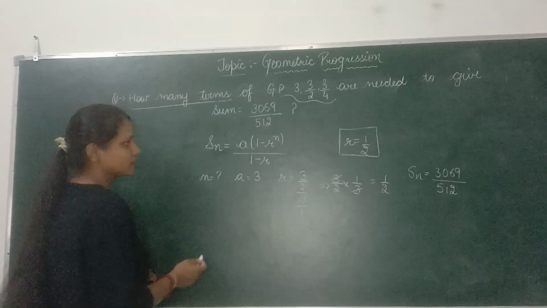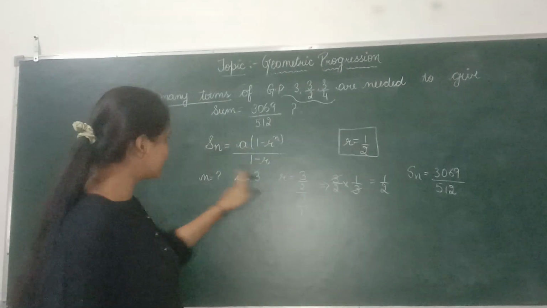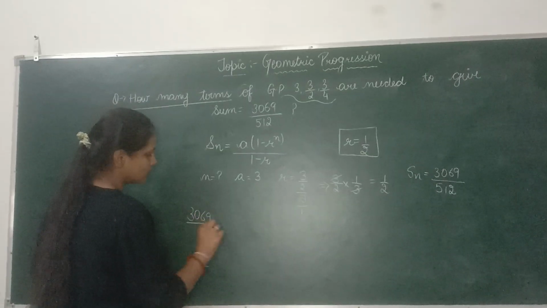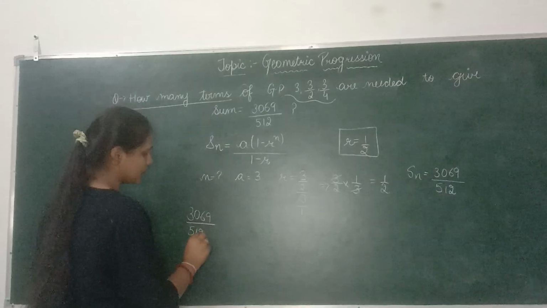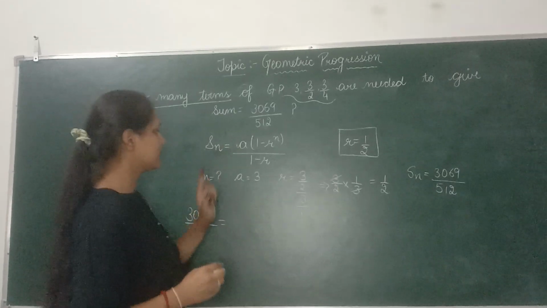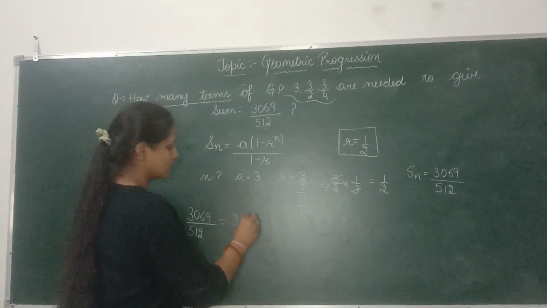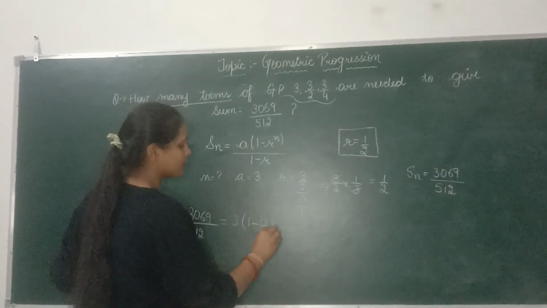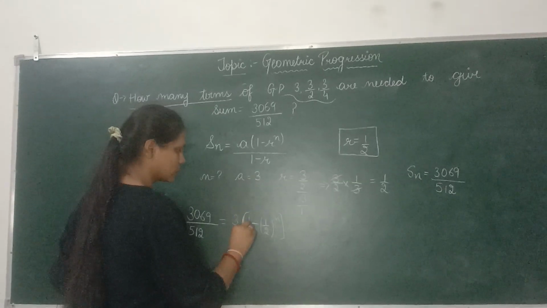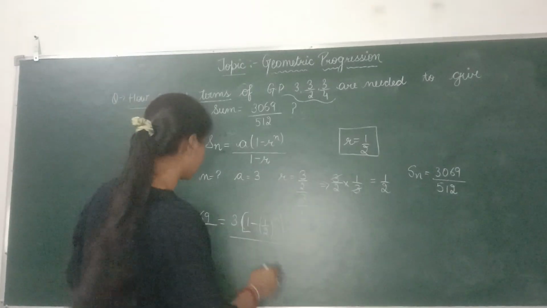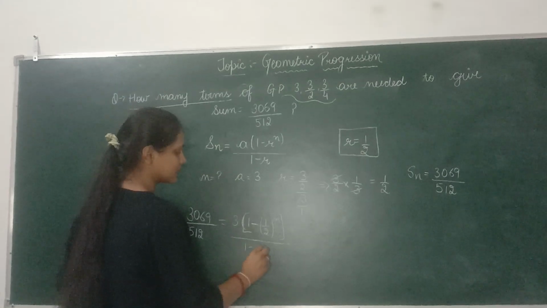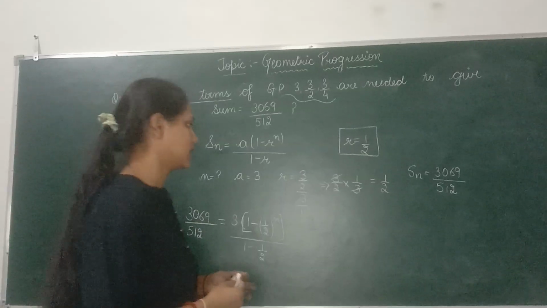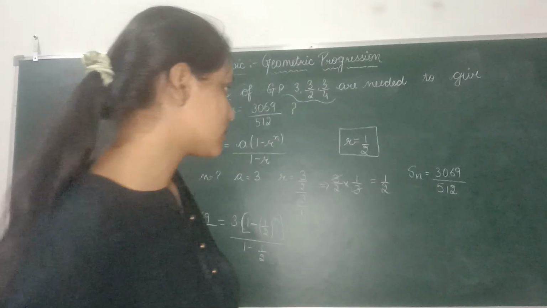To calculate the value of n, you can put all the values here: 3069 upon 512, a is 3, and 1 minus r is 1 minus 1 upon 2 to the power n, because we don't know the value of n, upon 1 minus 1 upon 2. Solving these equations as much as you can.